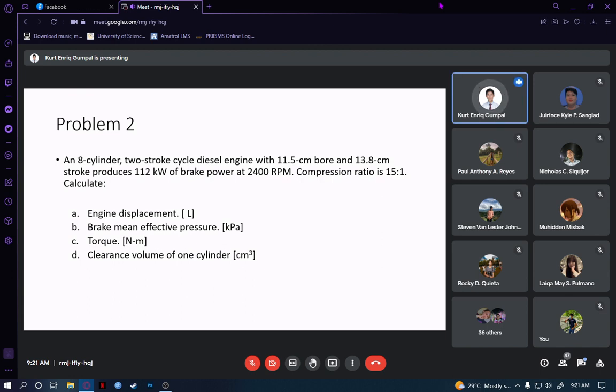Mark Lester has an answer: 102.41. Is there any dispute?